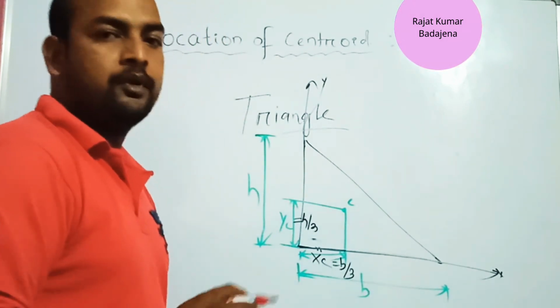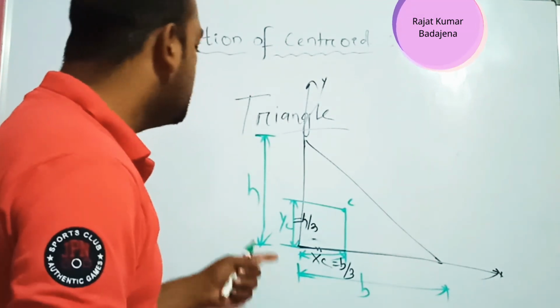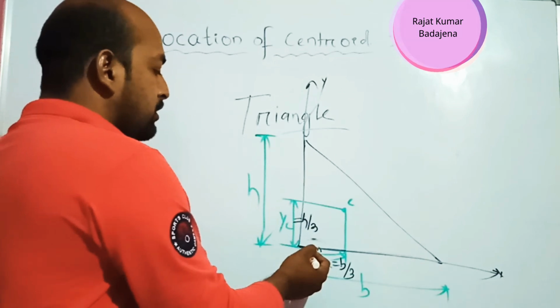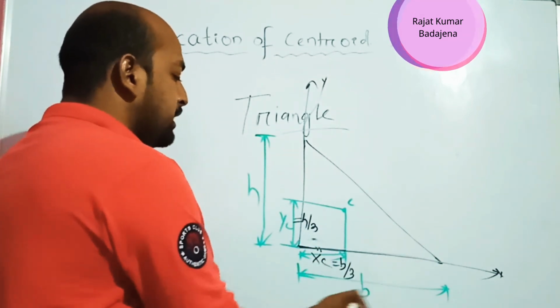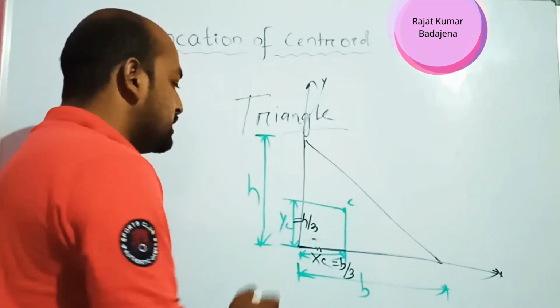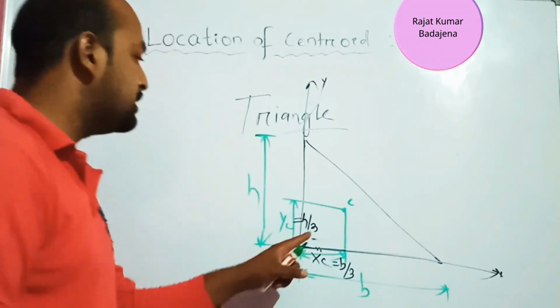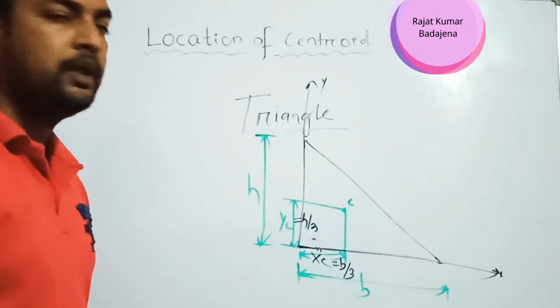You have to remember these things. For a right angle triangle, the centroid for the x-axis is b by 3, where the base is b, and the centroid for the y-axis is h by 3, where the height is h.